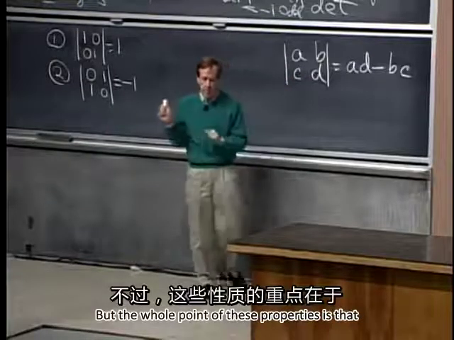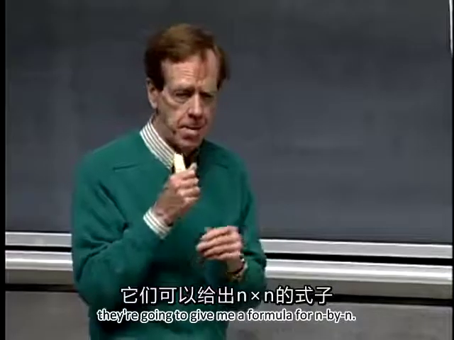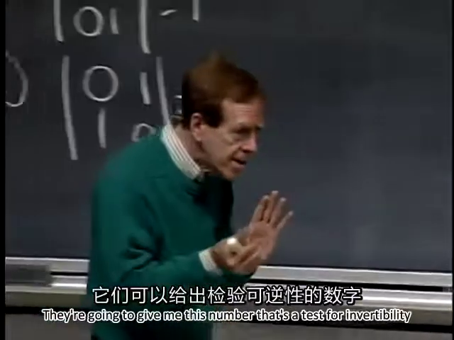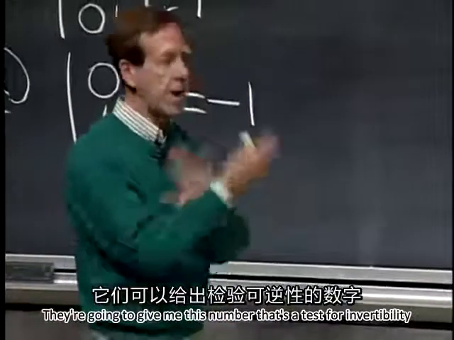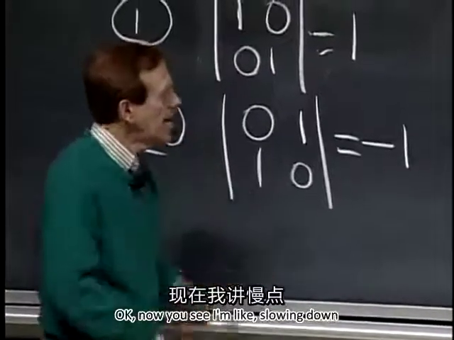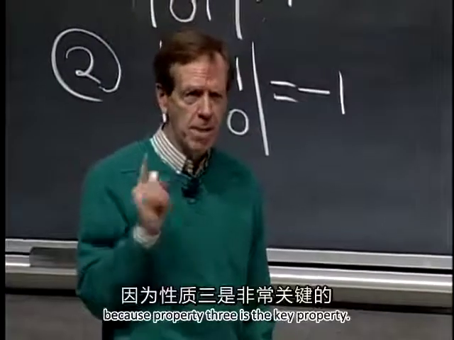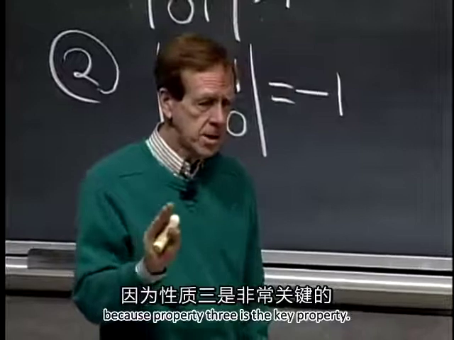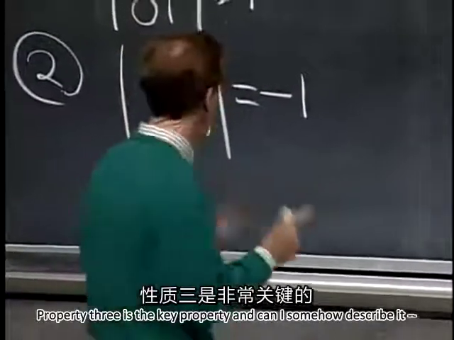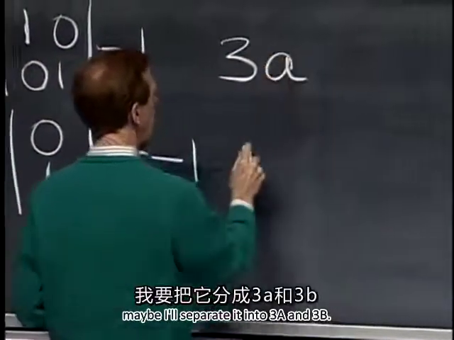But the whole point of these properties is that they're going to give me a formula for n by n. They're going to give me this number that's a test for invertibility and other great properties for any size matrix. Okay, now you see I'm slowing down because property 3 is the key property, and can I somehow describe it? Maybe I'll separate it into 3a and 3b.